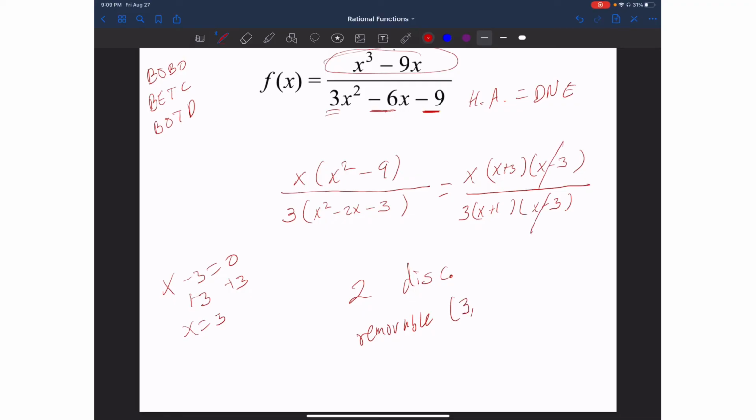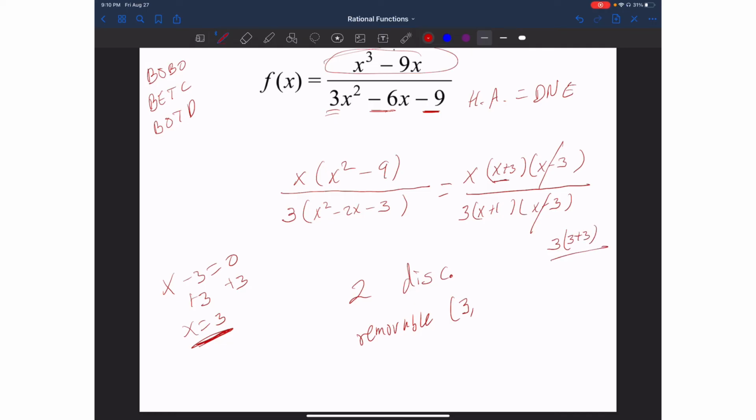I do want to find what the y value would be in case I want to remove it or fill in the hole in the graph. In order to do that, you're going to take the x equals 3 that you just found and plug it into this x plus 3, and then plug it into this x plus 1. So again, I had an x at the top. I'm going to replace that with a 3. I'm going to multiply that times 3 plus 3.